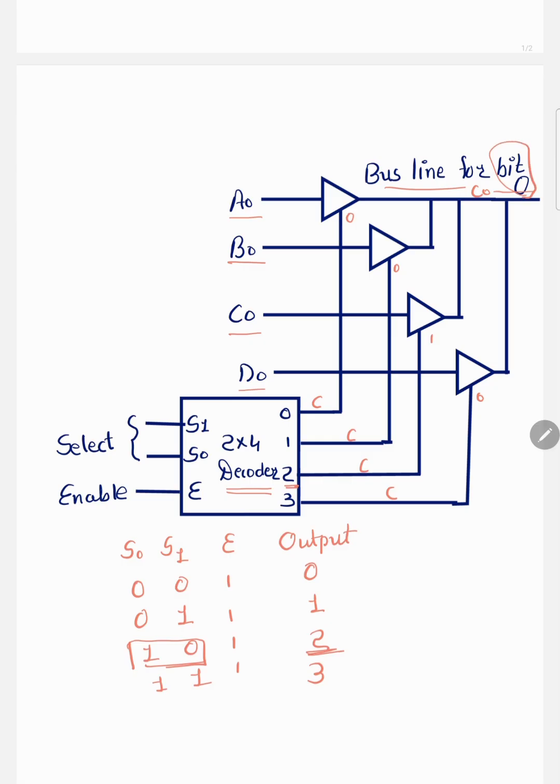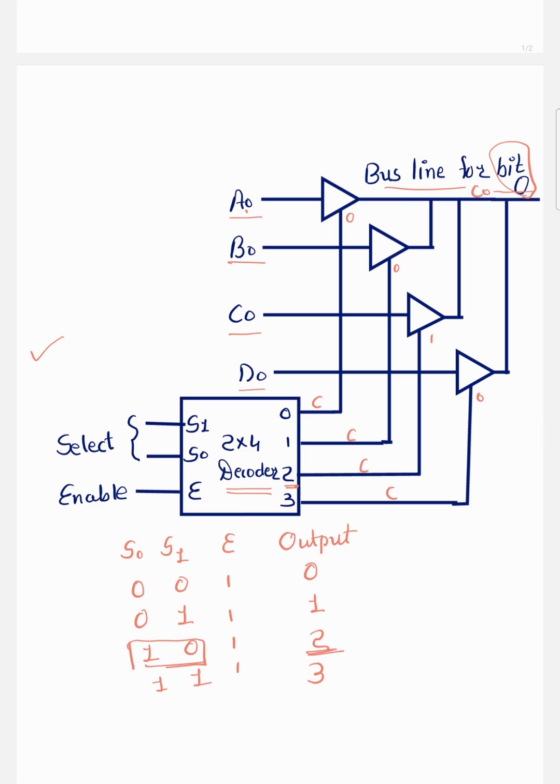If you want the entire 4-bit word, 0, 1, 2, 3, you need this entire circuit 4 times, and the selection line can be combined as a common one. If you select 0, 0, then from all the circuits you select the 0th line, that is A0, A1, A2, A3, because on the 0th line we have A. If you select 1, 0, then C0, C1, C2, C3 will be selected.